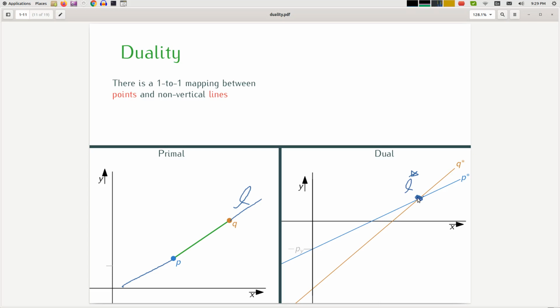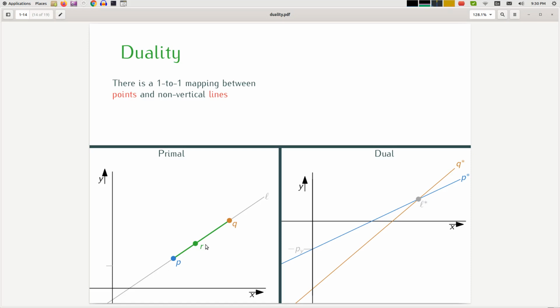But more interestingly over here, I'm interested in what happens to the line segment between P and Q. What we can observe is that if I take a point R that is in between points P and Q, what does that correspond to?